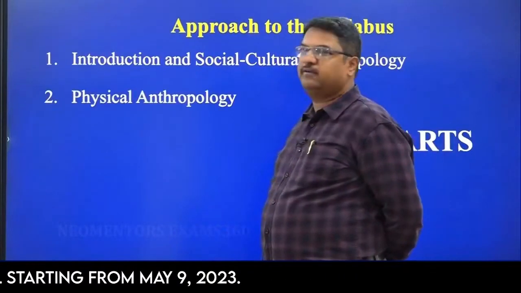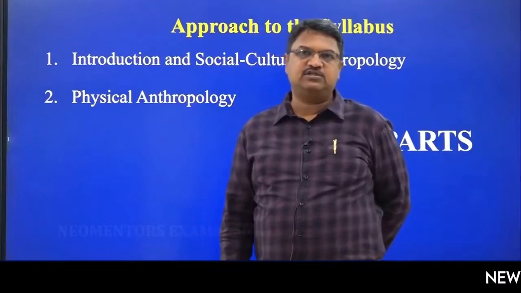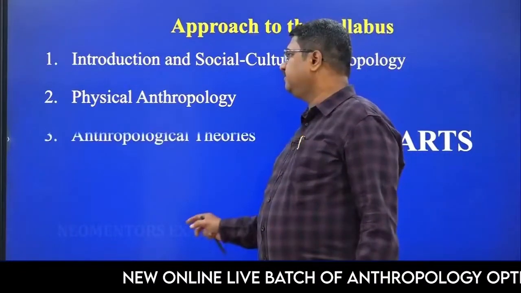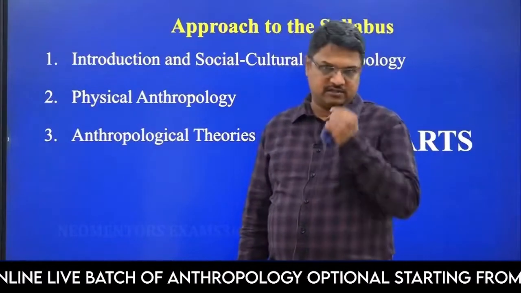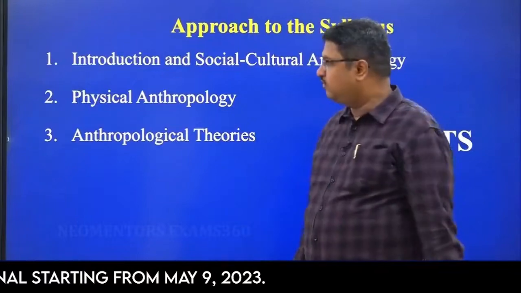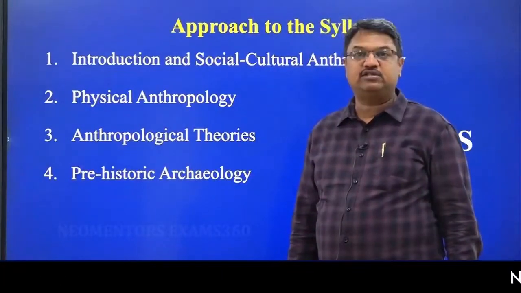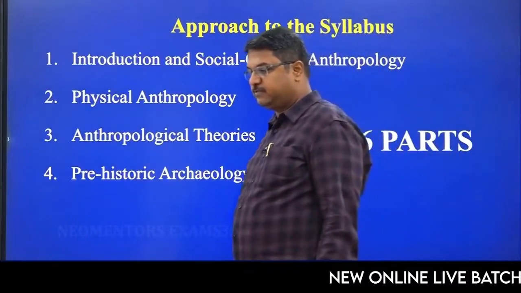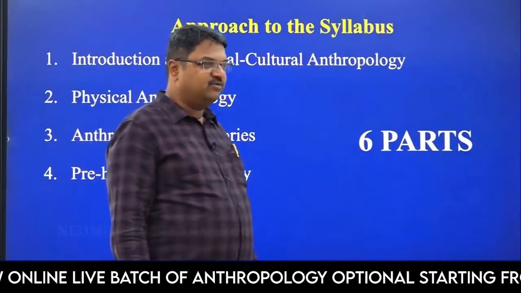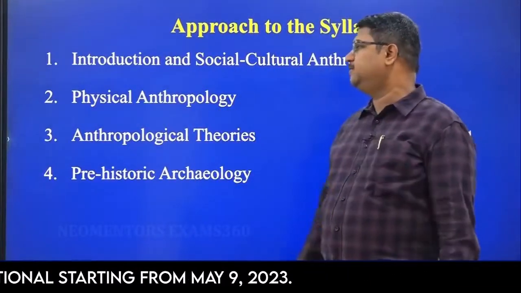Coming to the second one, the second part is physical anthropology. Physical anthropology is also known as biological anthropology. And thirdly, anthropological theories, which is a unique part in itself. And fourthly, we have the prehistoric archaeological part, which has a very interesting background as far as our origins and our culture are concerned.